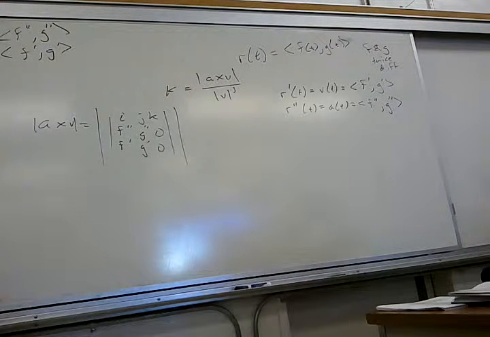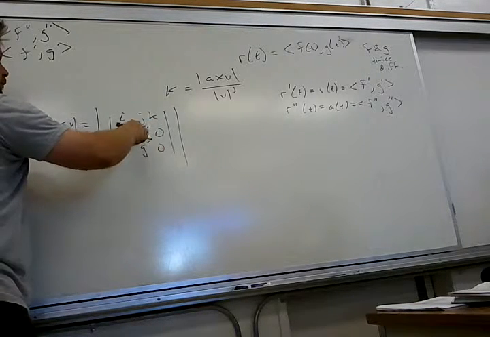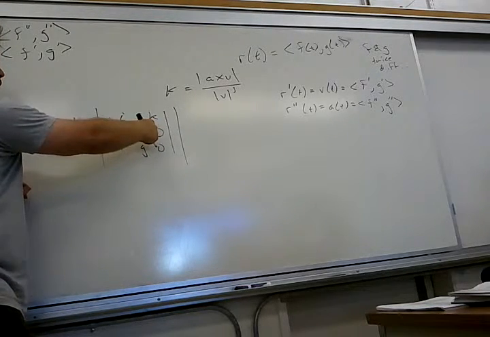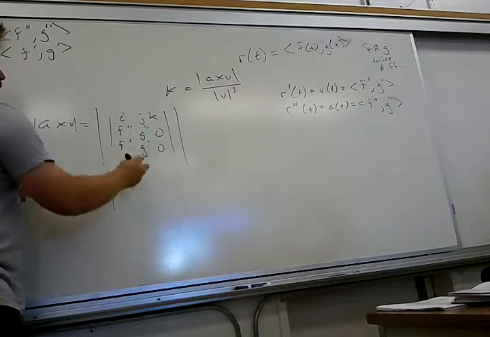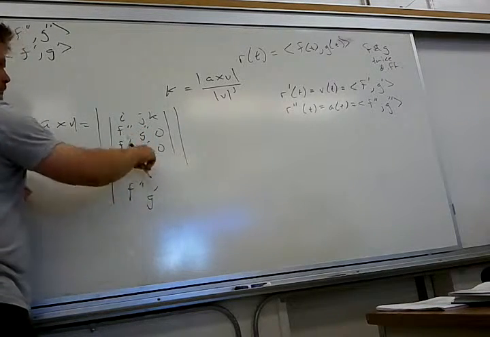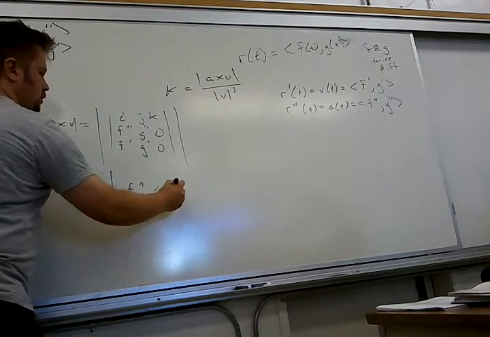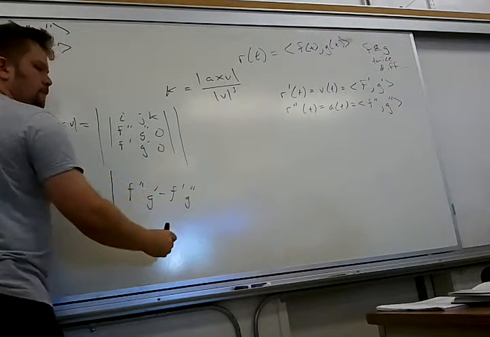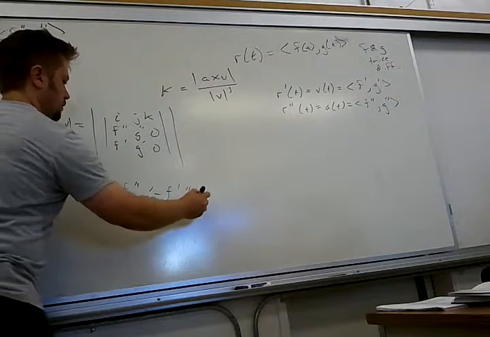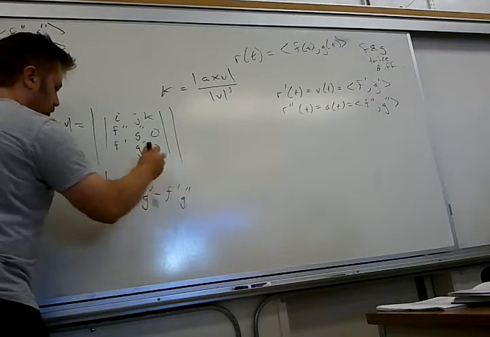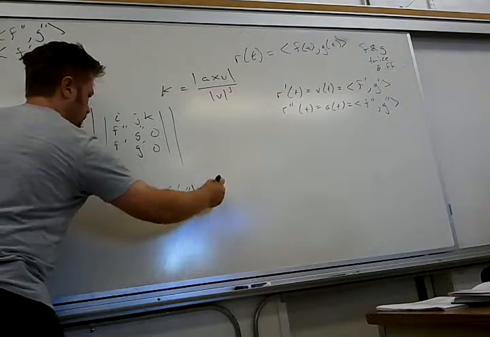The nice thing is you kind of already know what's going to happen here. If I have something that exists totally in i and j, its cross product has got to totally exist in k. And you see that here. Everything is 0 except for the one with the k. So inside here would go f double prime g prime minus f prime g double prime, and this whole thing will be k.